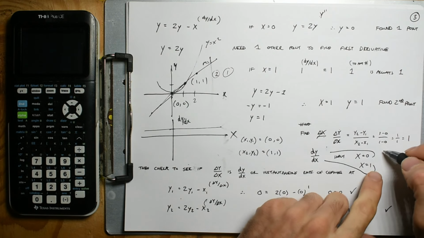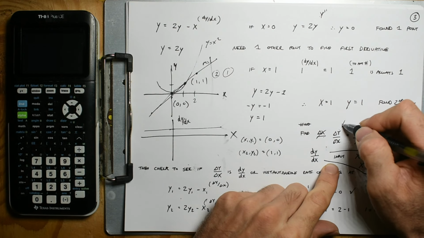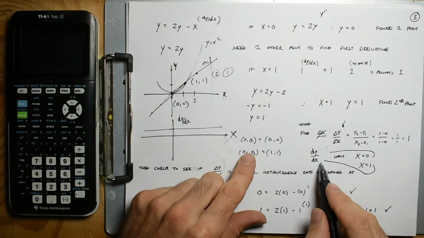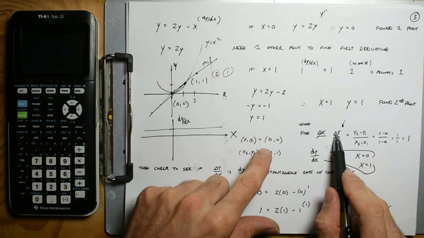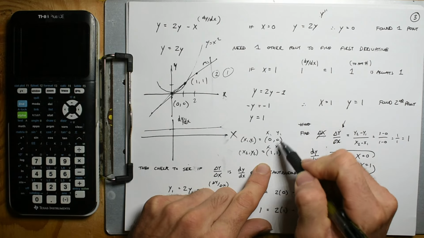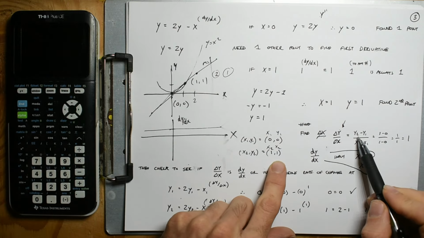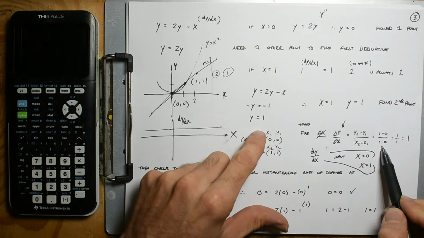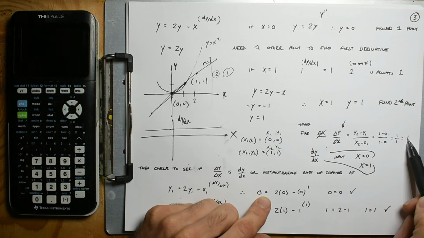And if I got 2 different values, this process is going to give me the average between those 2 values. Alright, so the change in y value, so this is x1, y1, x2, y2. So the change in the y values is going to be 1 minus 0. The change in the x value is 1 minus 0. So we have the slope of 1.